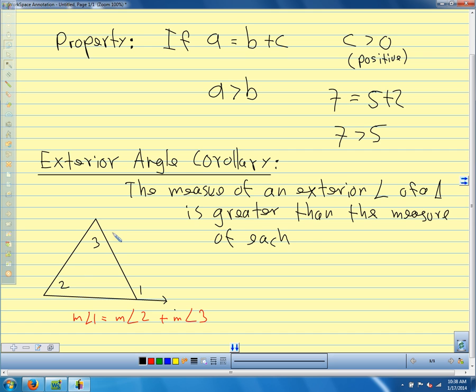We call these two angles remote interior angles. So what we're saying is the measure of angle 1 is greater than the measure of angle 2, and the measure of angle 1 is greater than the measure of angle 3. That's all this is telling us. Because these two add together to give angle 1, it has to be bigger than either of them.